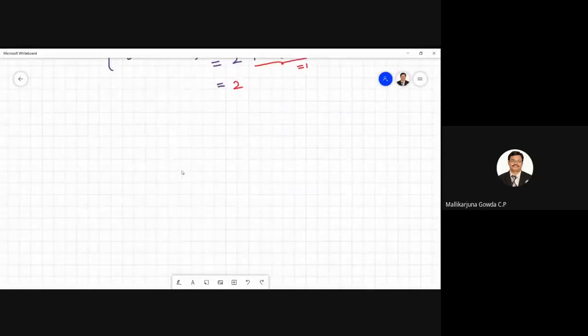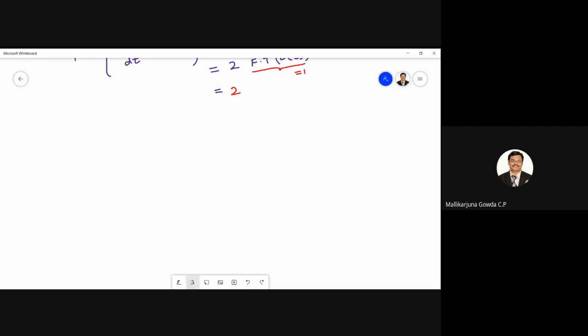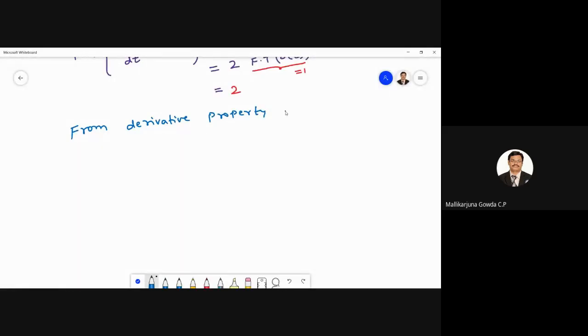So from the derivative property of the Fourier transform, the Fourier transform of d by dt of x of t, where my x of t is sgn of t, will be equal to j 2 pi f into X of f, where X of f is the Fourier transform of x of t.